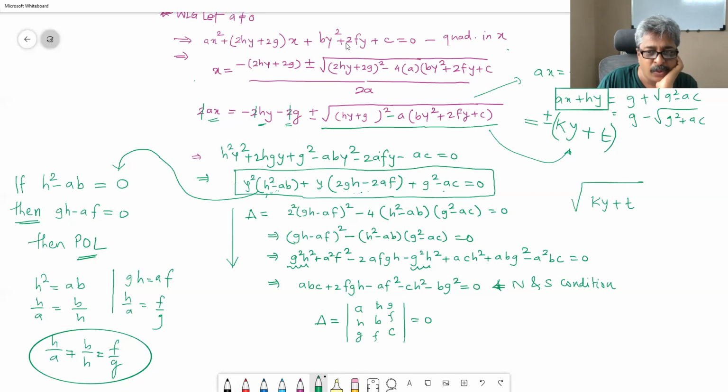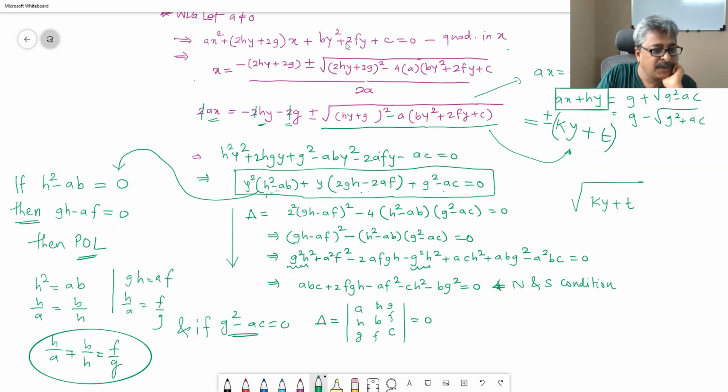And if we have g square minus ac also 0, then they are coincident pair of lines, because this term disappears and both the lines look alike, coincident.